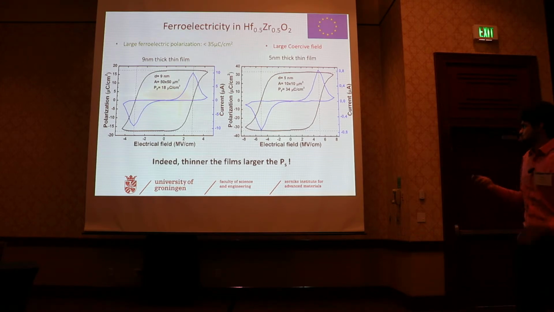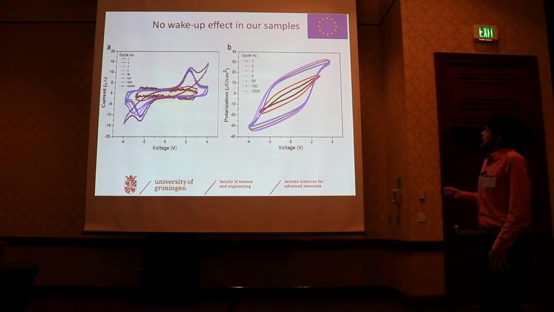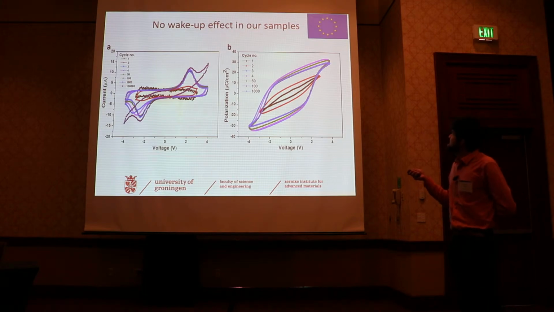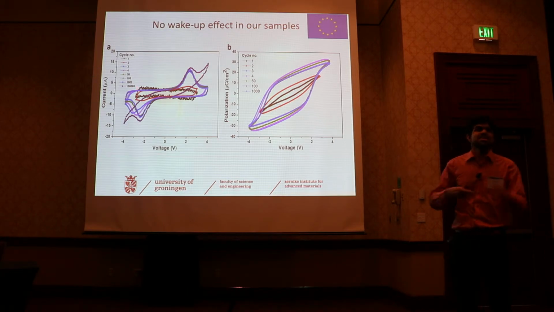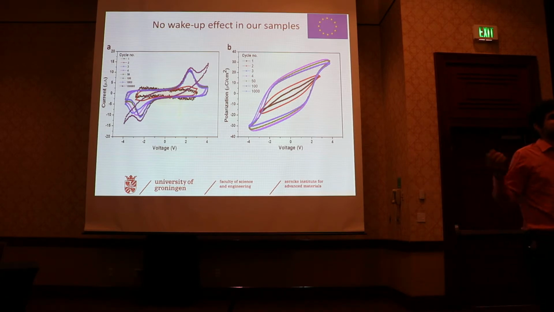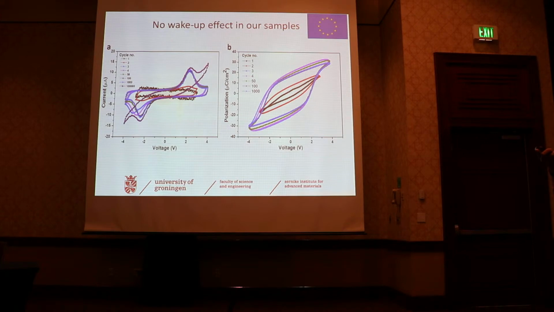So this is indeed true. And going back to the wake-up, you do see that with cycling, the effects of fatigue start after 100,000 cycles, but you don't see any significant improvement of polarization or anything. So these are kind of insomniac films. They don't sleep. They are already woken up.